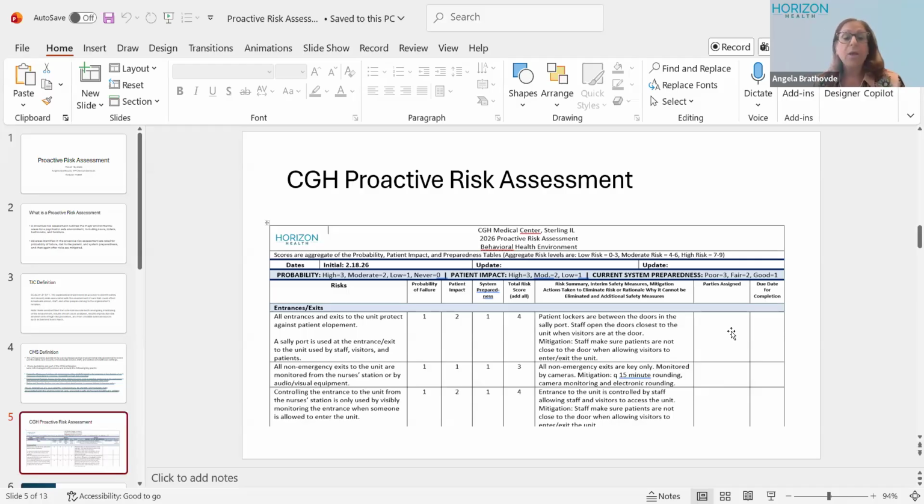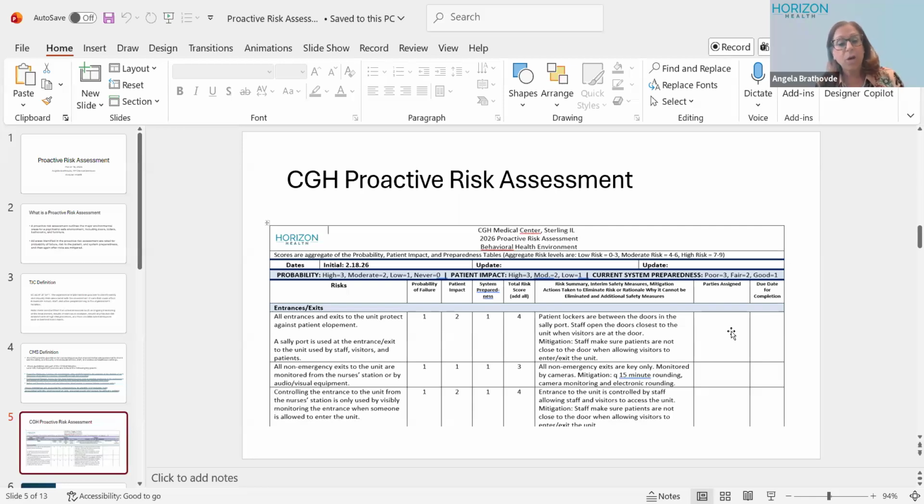And what you see is the probability of risk, the patient impact, and the current system preparedness. Now, your unit is relatively new, 4 or 5 years old, possibly. And when they designed that unit, they designed it very well, and they used psychiatrically safe fixtures and tiles in the ceiling, handrails, all those things that could potentially cause a risk, especially ligature risks on an inpatient unit.